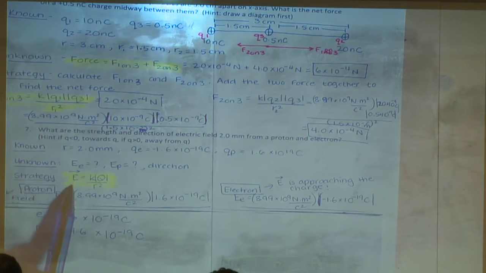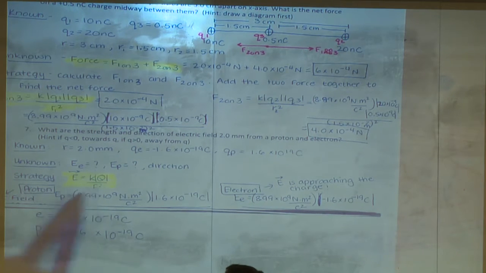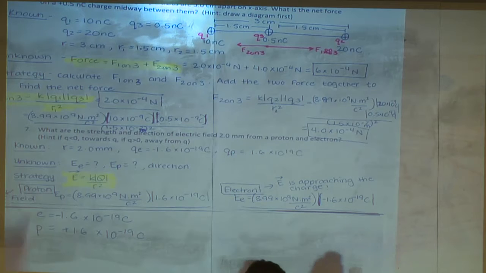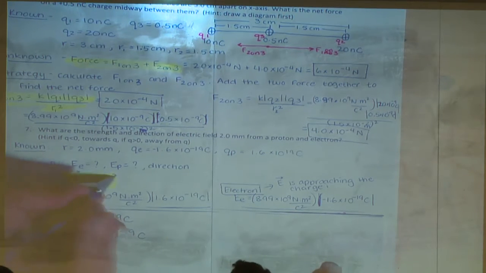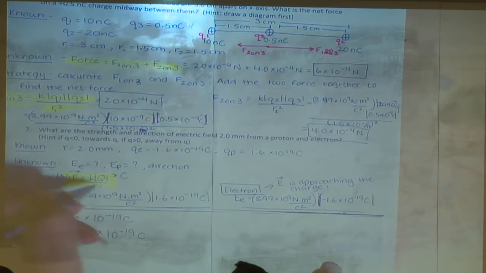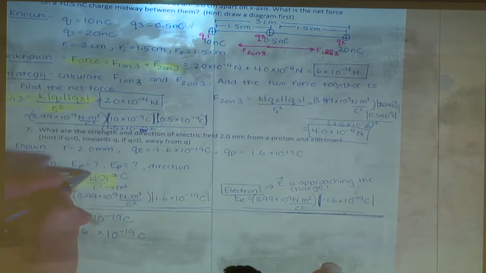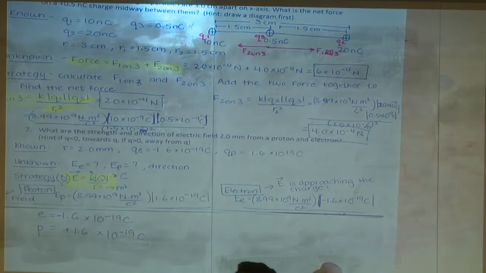So this is the electric field formula that has the electrostatic constant times the absolute value of charge over the distance squared. Electric field is measured in newtons over coulombs. Charge has the unit of coulombs, and this is meters squared. And this is just the electrostatic constant that we already know.